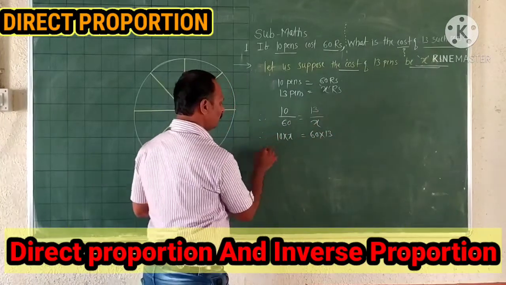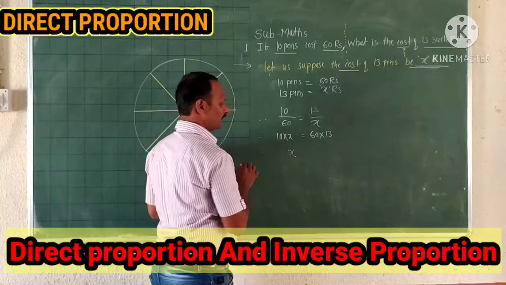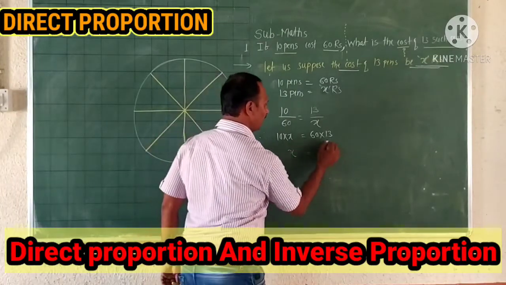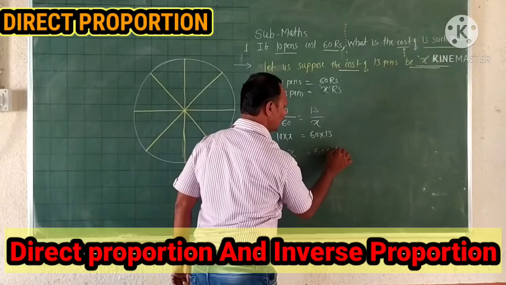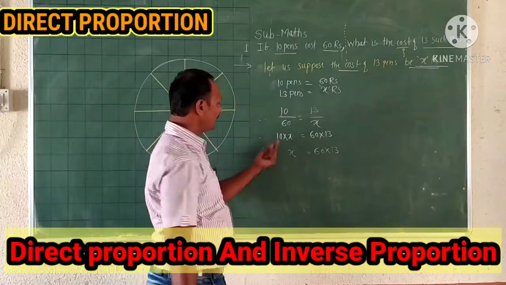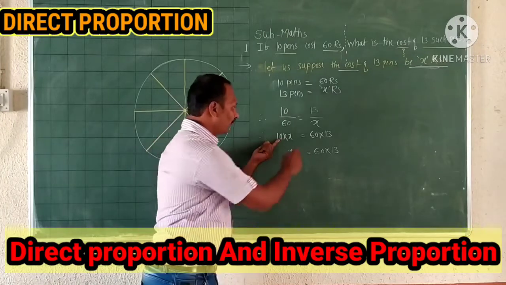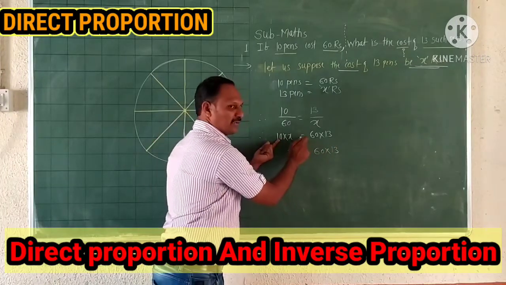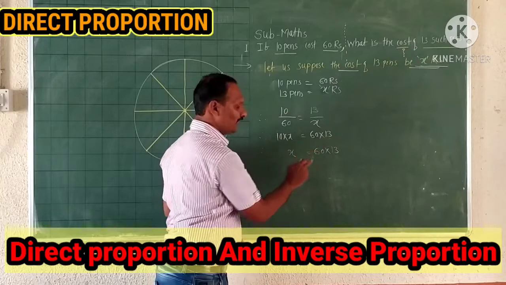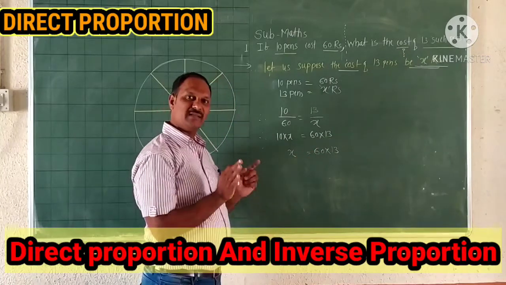Okay. Now write the value of X. You write this side as it is, 60 into 13. Here 10 is multiplied. You see here 10 into X, means X is multiplied by 10. When going to the other side of the equal sign, the opposite of multiplication is division.